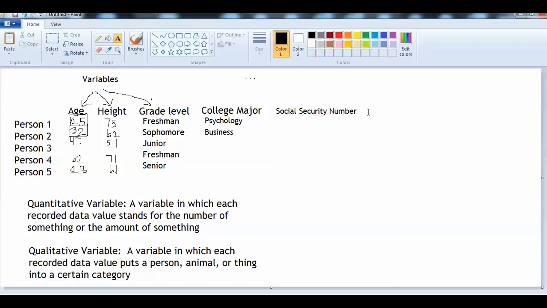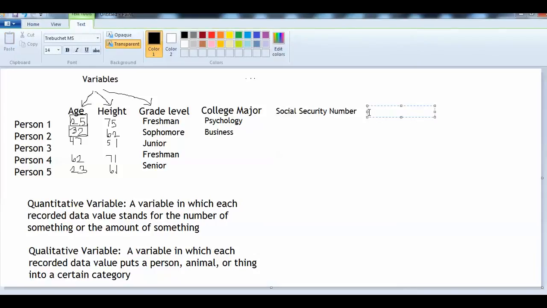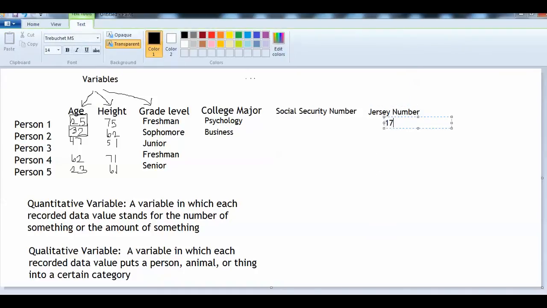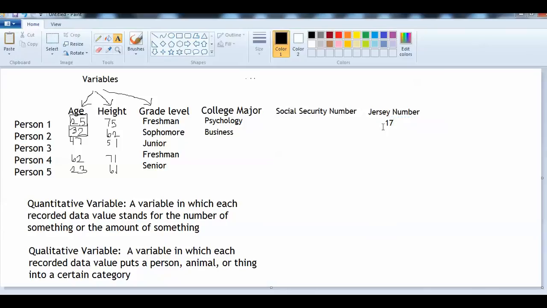What if we were collecting data from sports players and we said, what's your jersey number? If a person tells us that their jersey number is 17, that's not the amount of anything.